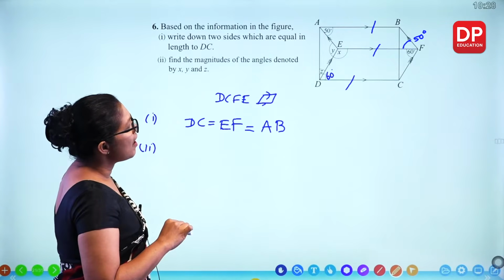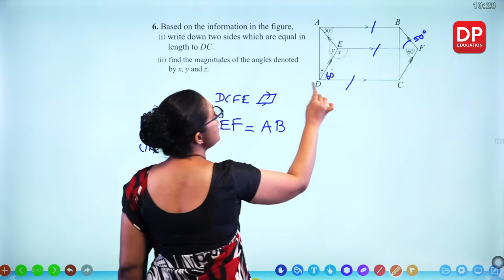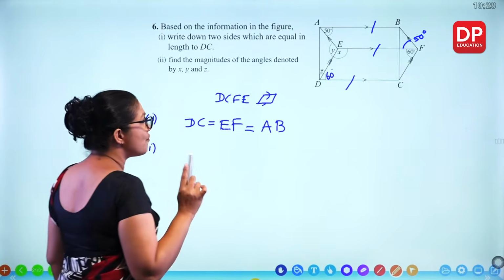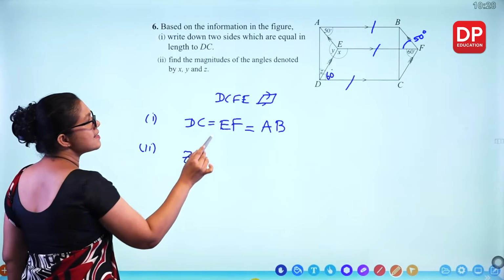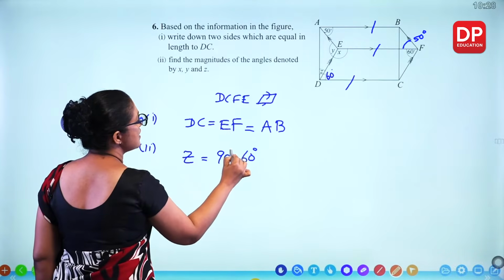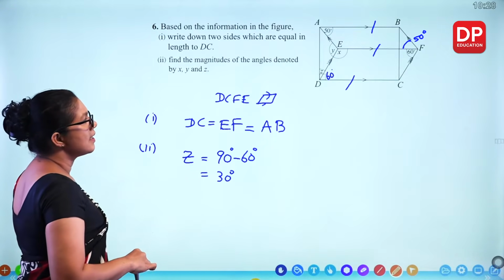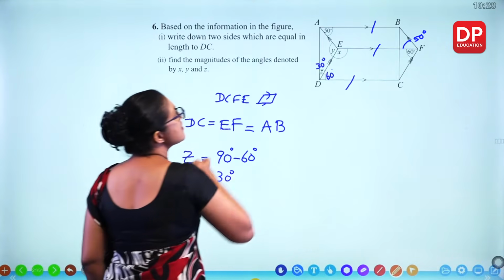What else can we mark? And we know this is equal to 90 degrees. So, first thing we can do, we can find Z. Z is 90 minus 60 degrees, that's 30. We found this is 30 degrees.